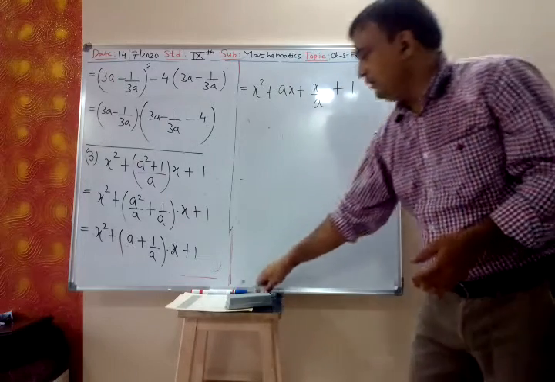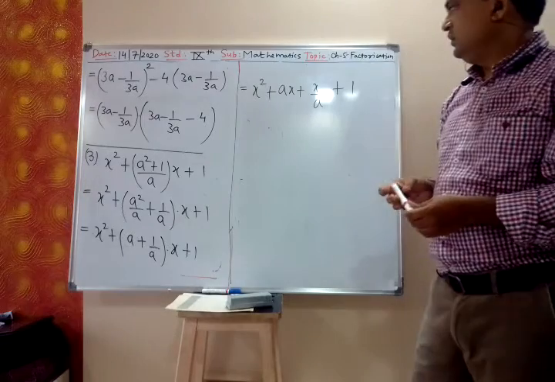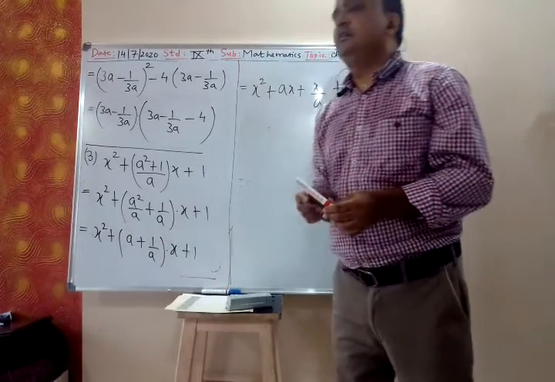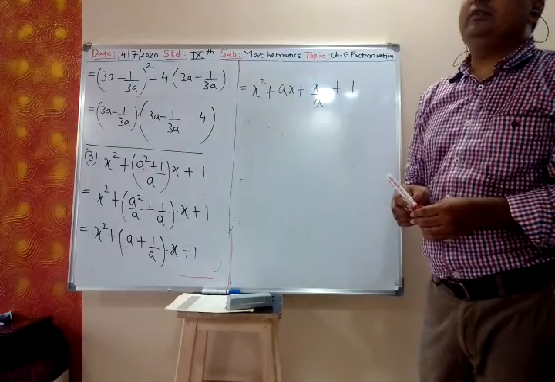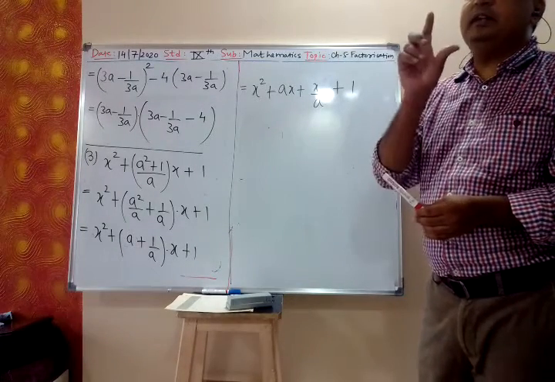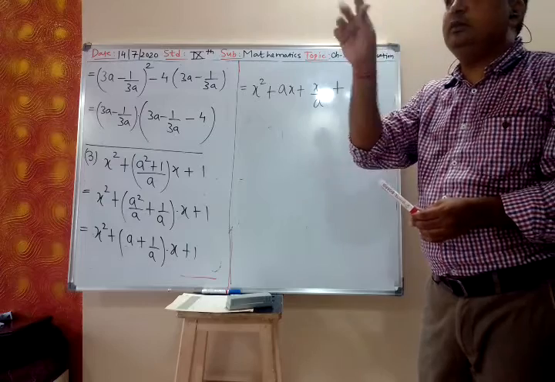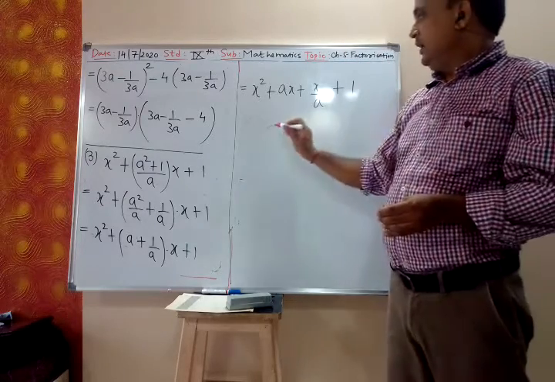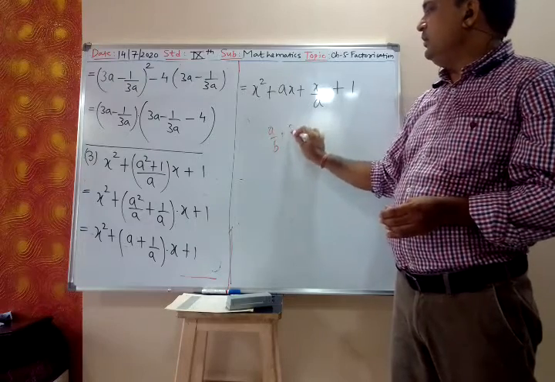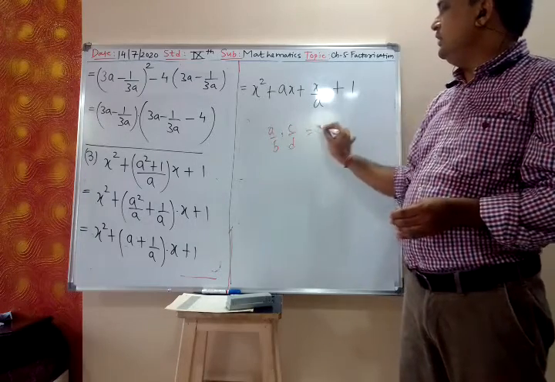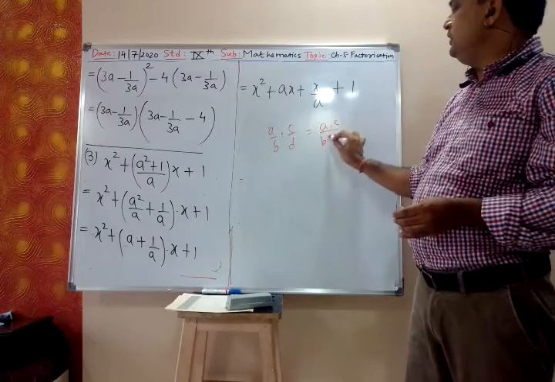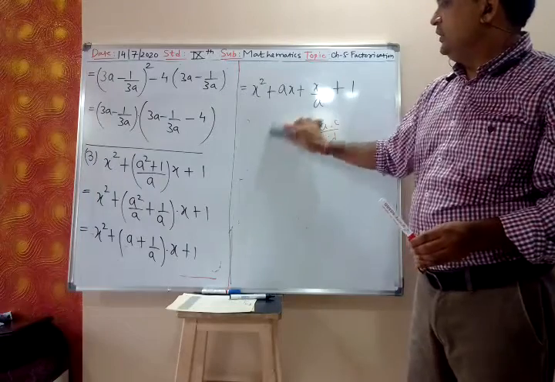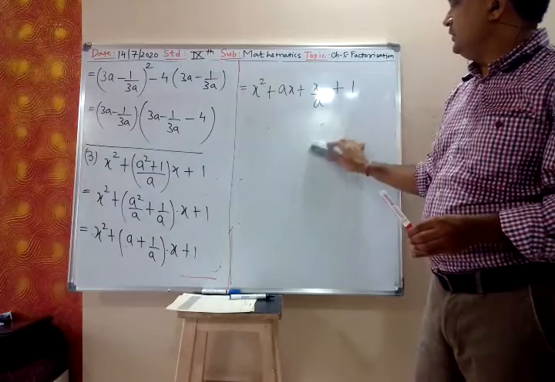How does ax come? x will be multiplied to the numerator. In multiplication, numerator is multiplied to numerator and denominator to denominator: a upon b into c upon d is a into c upon b into d. So x means x upon 1.